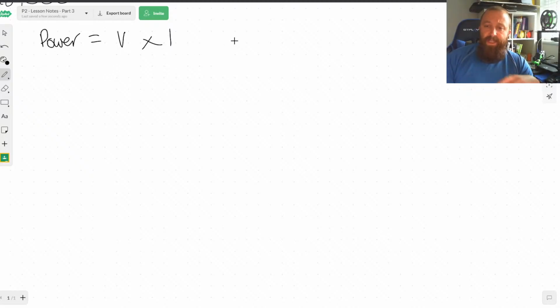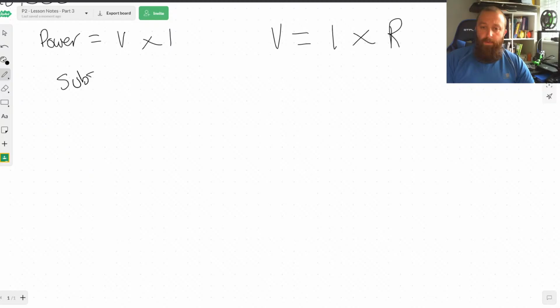So one of the skills you need, and this is very much needed for the higher level papers, is that you should be able to combine multiple formulas into one. I'm just going to talk our way through this. We know, because it's one of the most common formulas, that voltage equals current times resistance. So I'm going to substitute V for this.